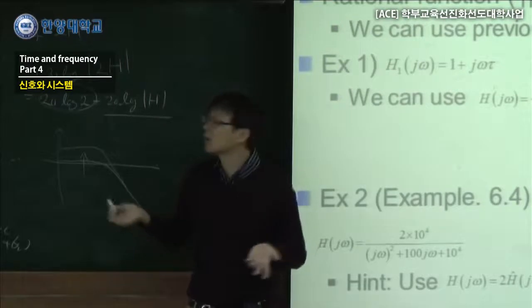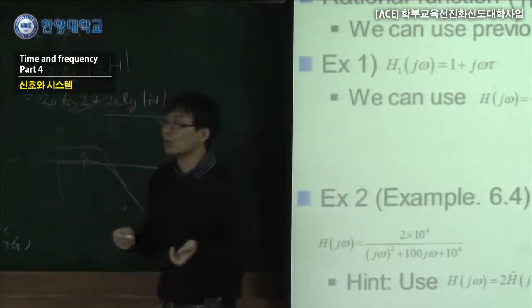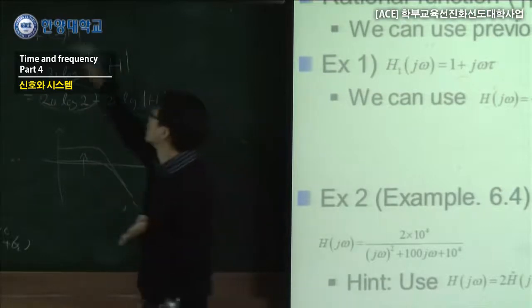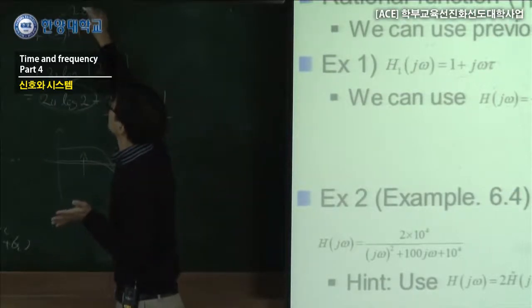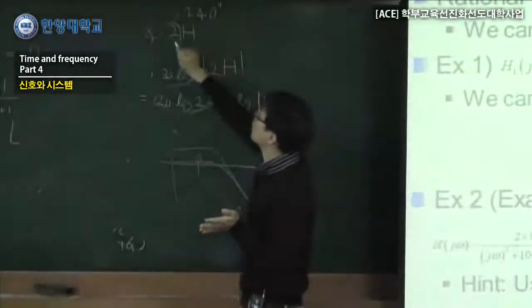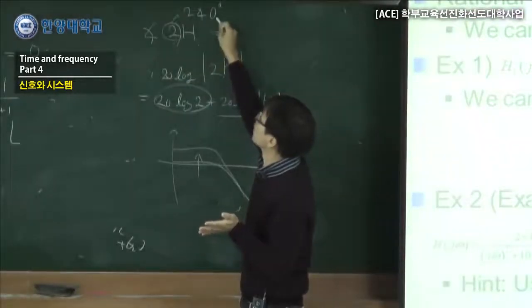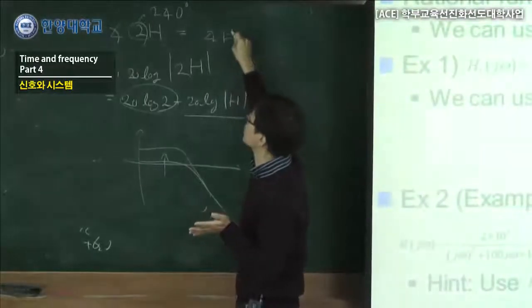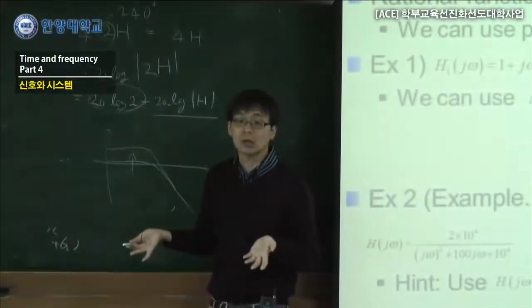No phase difference, because this 2 is a real number, it does not have any degree inside. So this one can be written as 2 angle 0 degree. So in multiplication the phase will be added, but 0 phase is added, so it is the same as the phase of h. So it doesn't change.